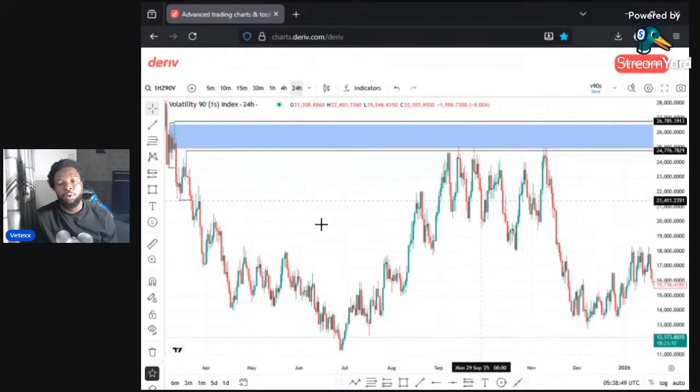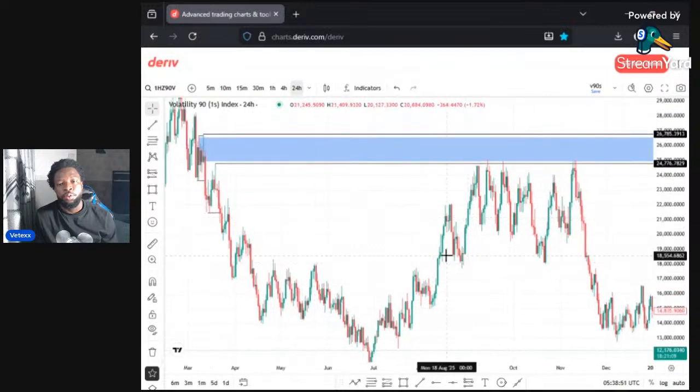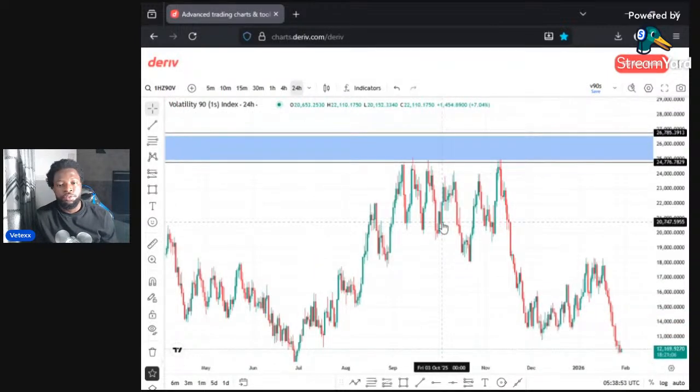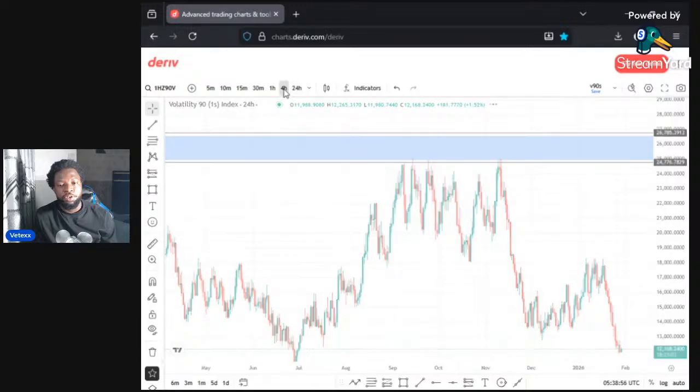Okay, now that we know that price is selling on the 24-hour time frame, go to the 4-hour time frame. If you come to the 4-hour time frame here, let me give you a very clear good example.